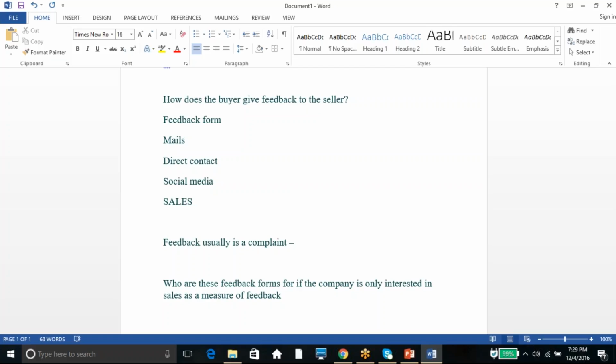So what are these feedback forms for if the company is only interested in sales as a measure of feedback? Anybody has any answers?